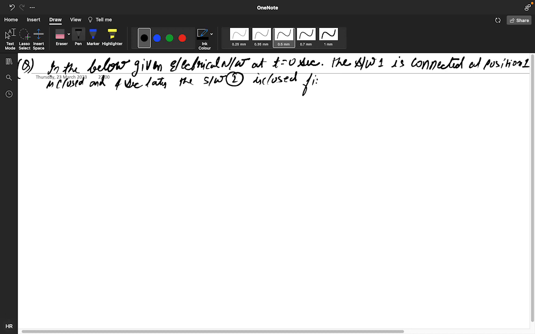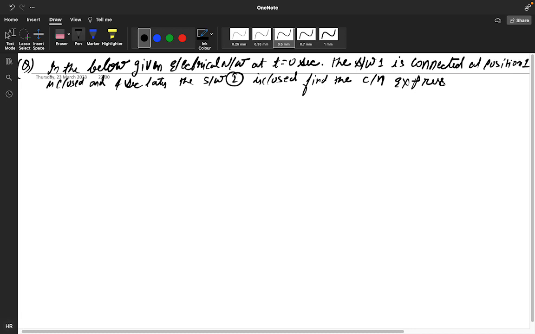Now you need to find the current expression for t greater than 0.